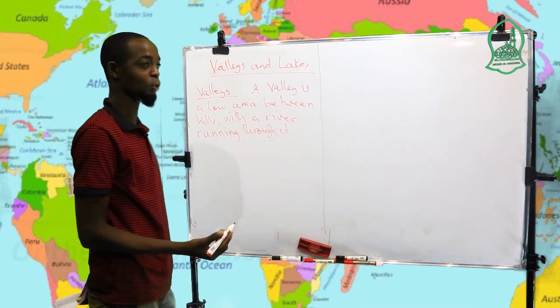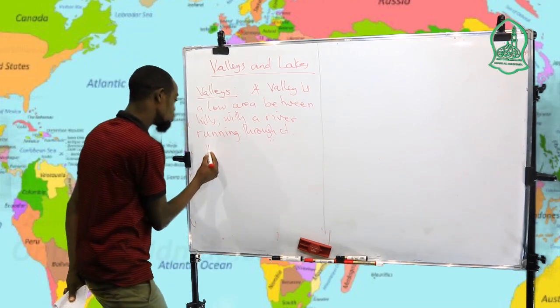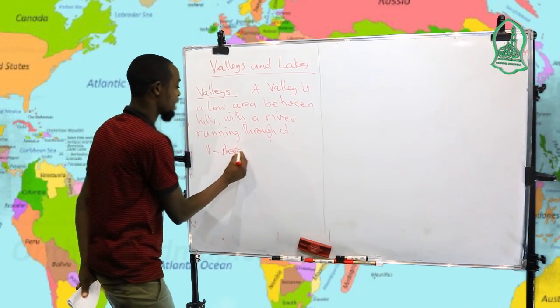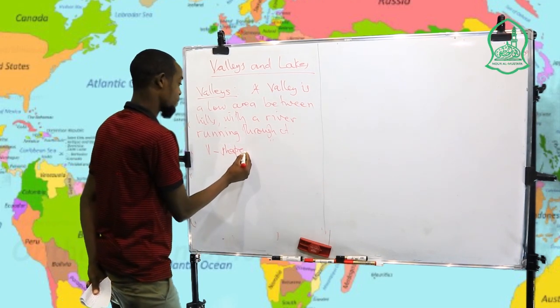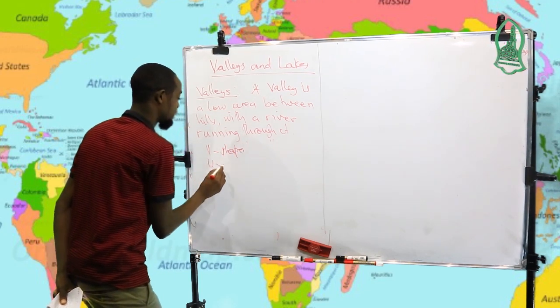A valley can also have a V shape or a U shape.